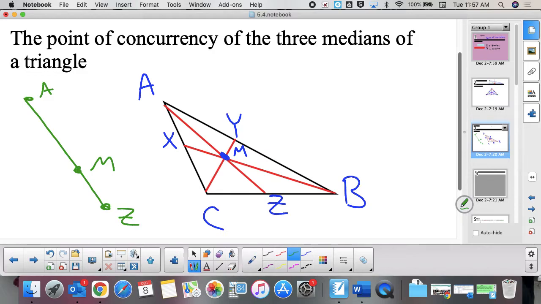Unfortunately, it does not just break it in half. However, it does break it into pieces that we can use. It breaks it into a 2/3 piece and a 1/3 piece. So for example, if my whole median was 24, 2/3 of 24 is 16. 1/3 of 24 is 8. So it breaks it up into a 2/3 piece and a 1/3 piece.